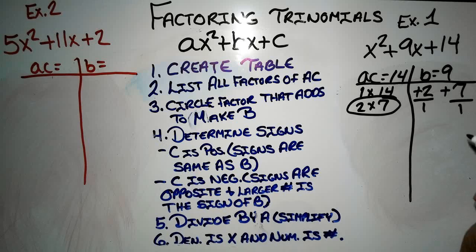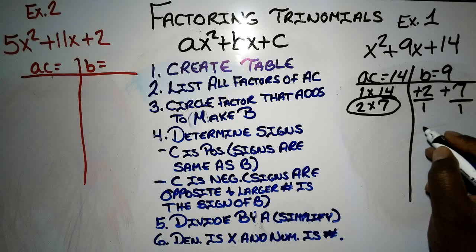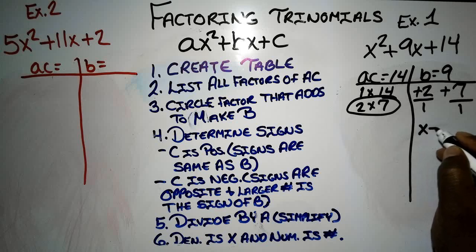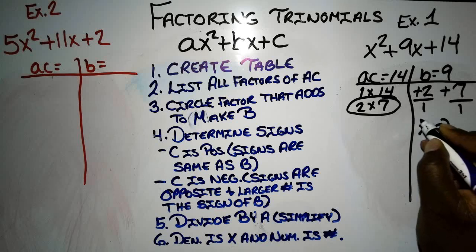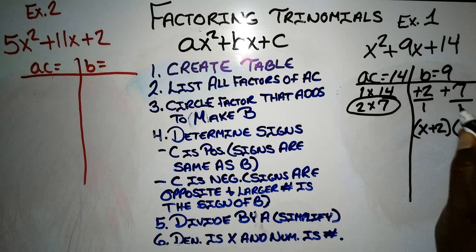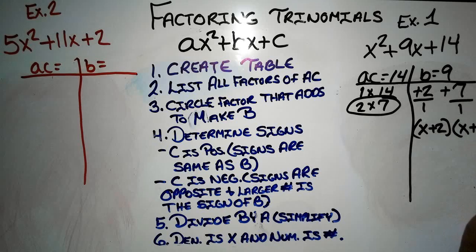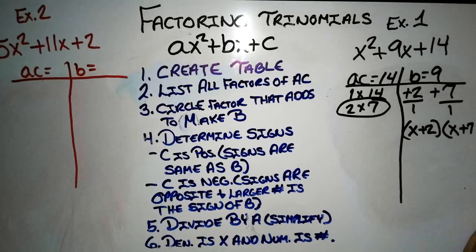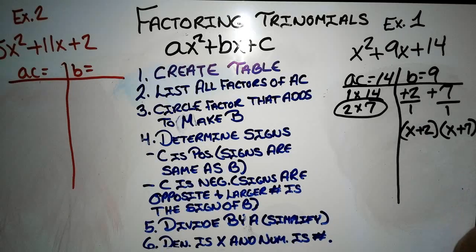And so now my denominator is my x, and my numerator is my number. So I have 1x plus 2 as my first parentheses, and then I'm going to have 1x plus 7 as my second parentheses.